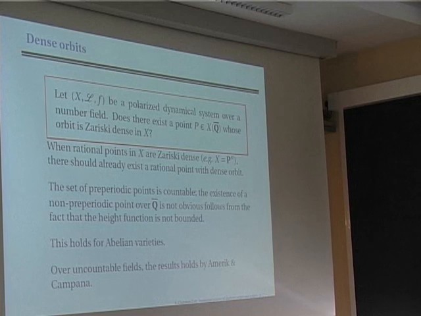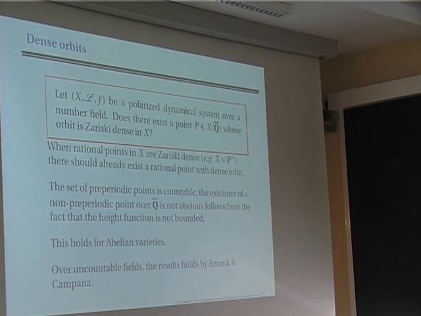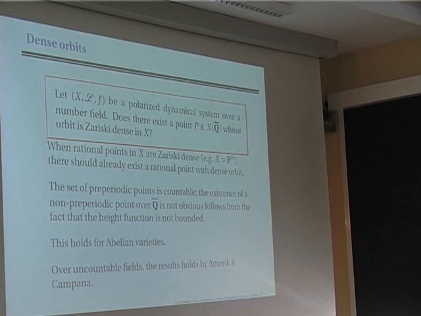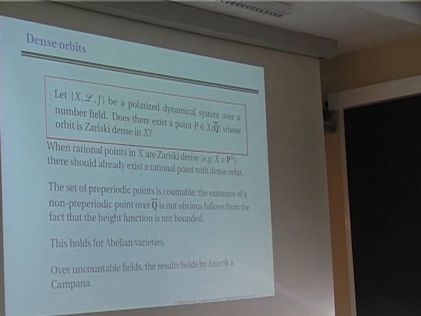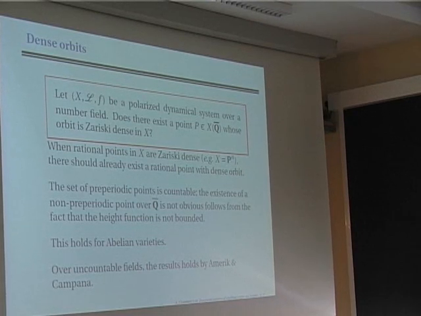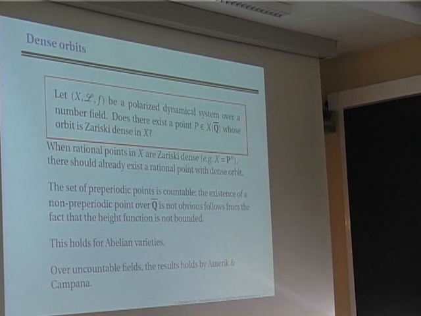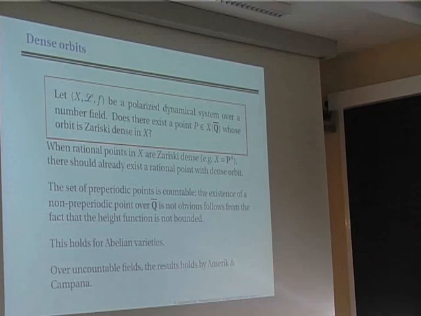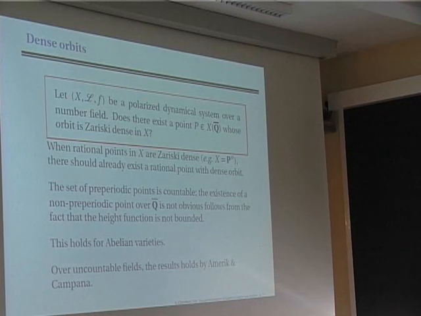The set of preperiodic points is countable. For any integer n, there are only finitely many points of order n. And with that, you can prove that the set of preperiodic points is countable. So the existence of non-preperiodic points over Q bar is not totally trivial.